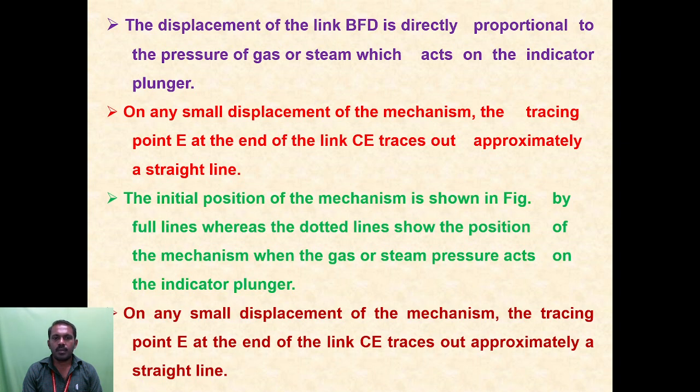For any small displacement of the mechanism, the tracing point E at the end of the link CE traces out approximately a straight line.